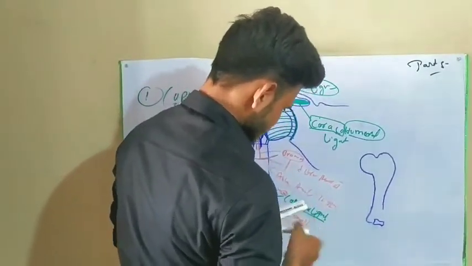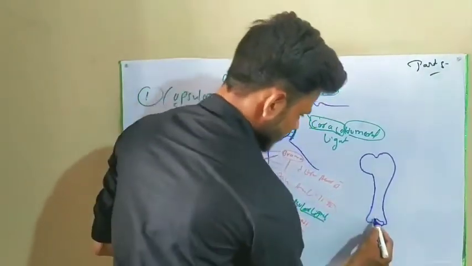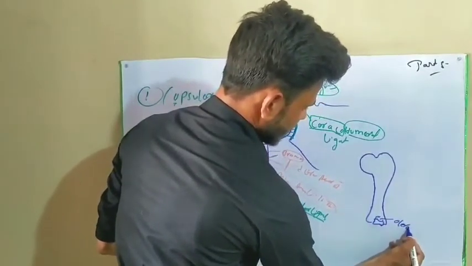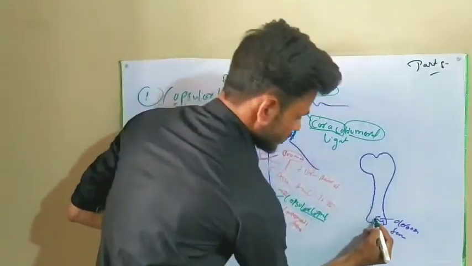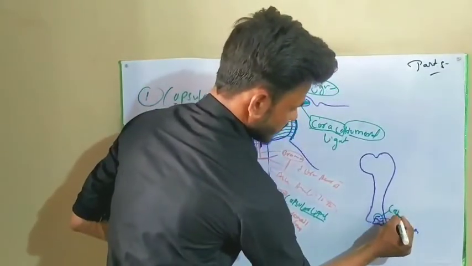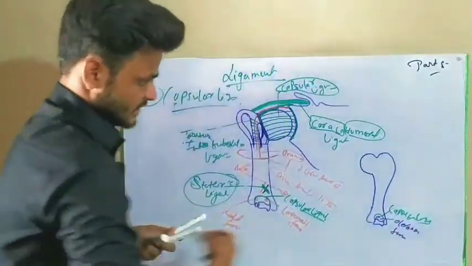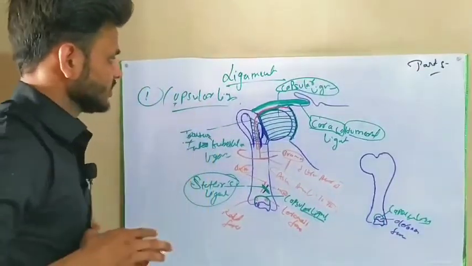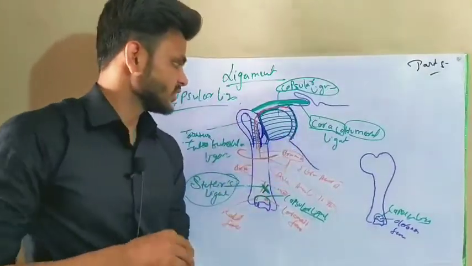This ligament is the capsular ligament, which is attached to the margin of the olecranon fossa. This is all about the ligaments which are attached to the humerus and scapula.